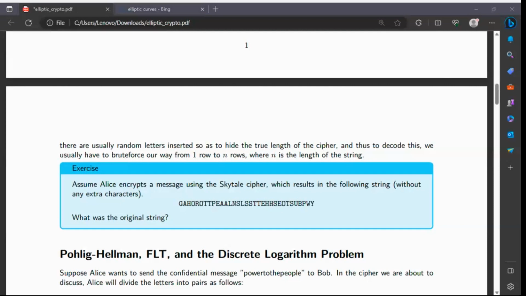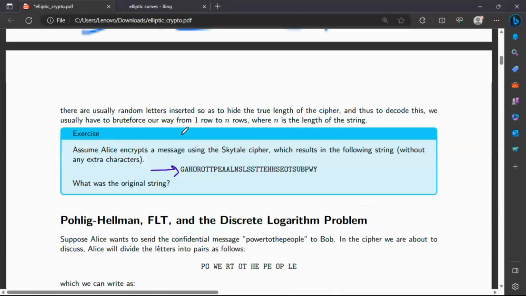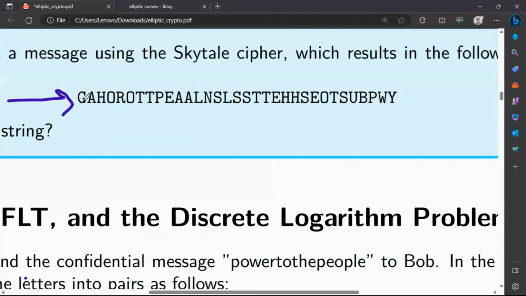The SkyTail cipher's exercise is this. Remember the factorization thing in the SkyTail cipher. So basically, we'll just count the number of letters, which is GAHOR OTTPE AALNS, which is 33 letters in all.